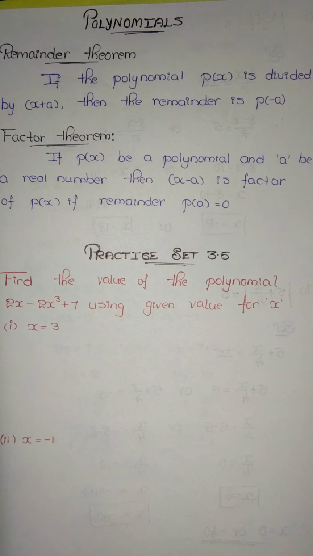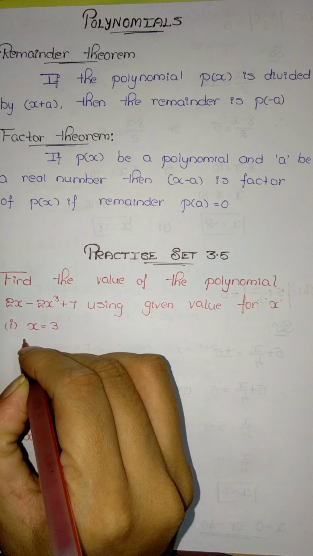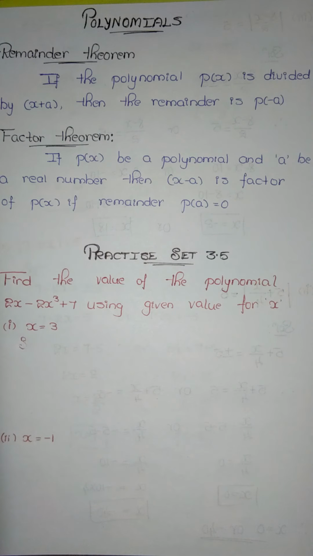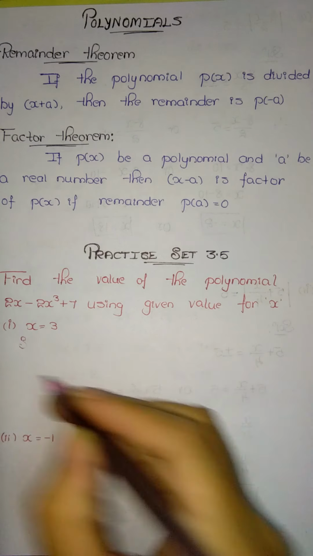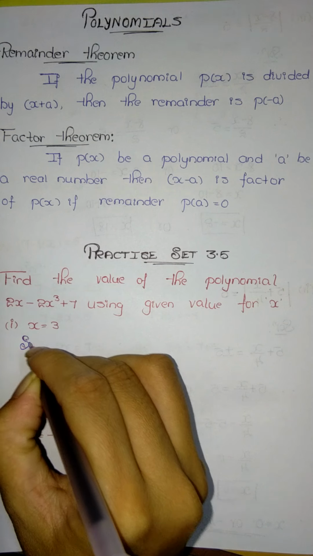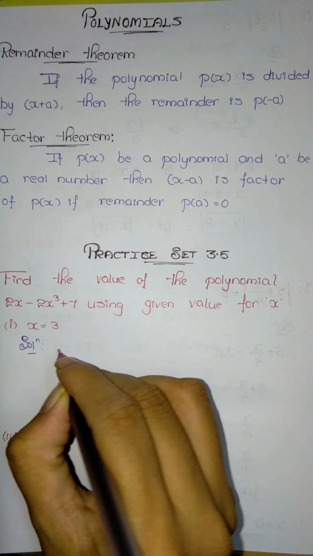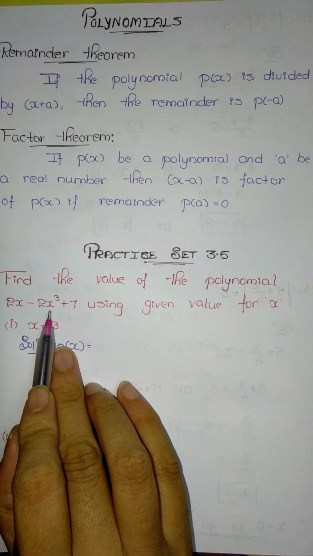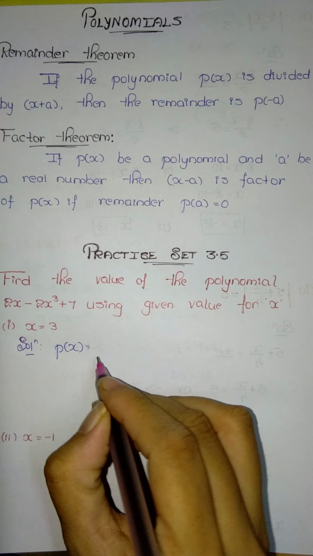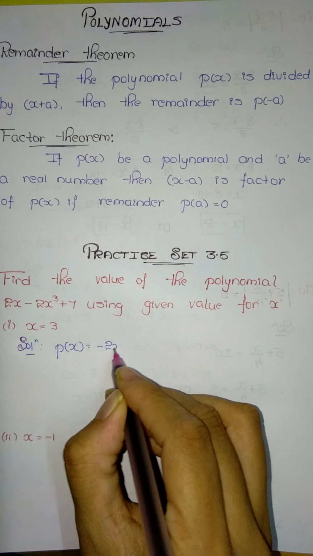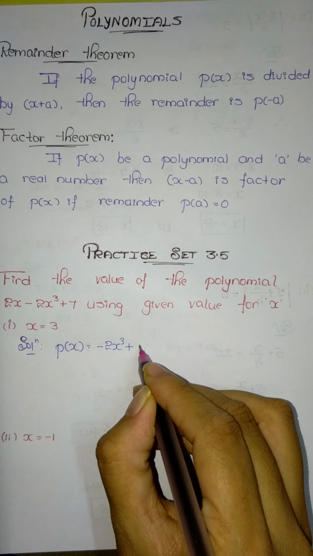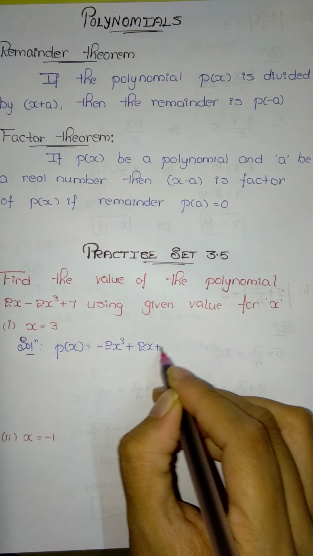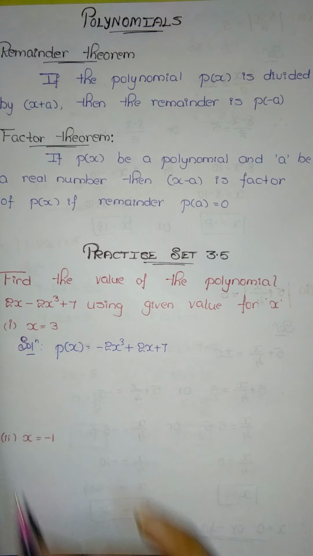So here solution for the first one, when x equal to 3, so solution is consider p of x equal to the polynomial. First we have to write it in descending order. So -2x³ plus 2x plus 7, and now we have to put the value of x equal to 3.